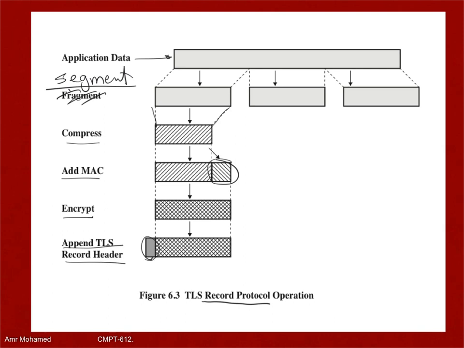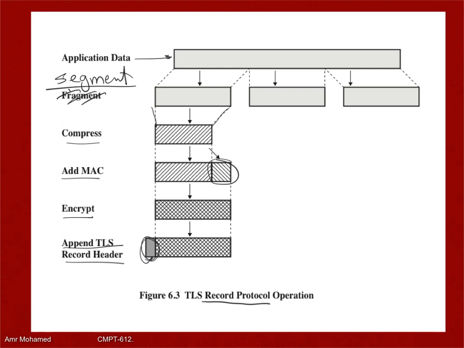This TLS header, we'll see in a minute, provides the type of the message. Because this message might be a data message, or it might be one of the protocols that we talked about, heartbeat protocol, alert protocol, or something like that. So in the TLS header, we maintain the type of this message. Okay, so these are the steps.